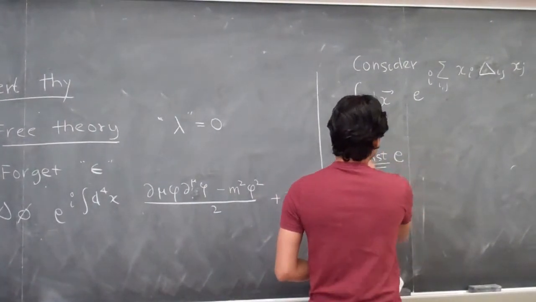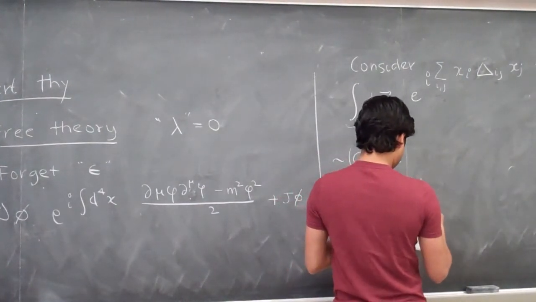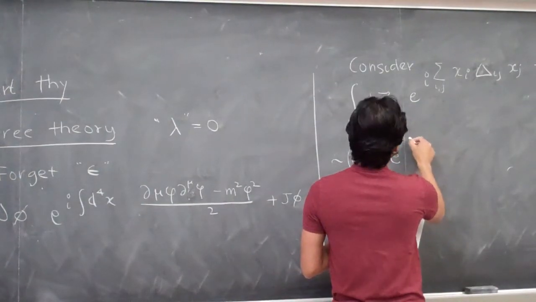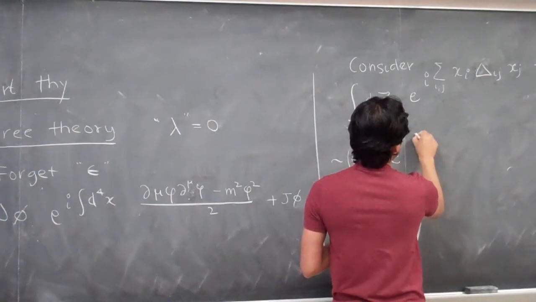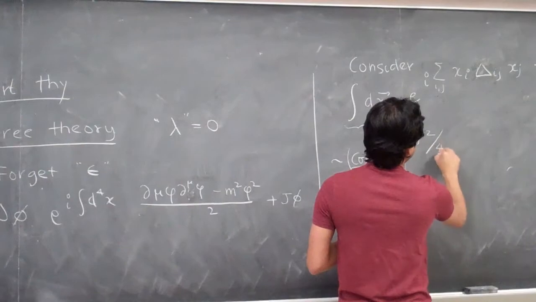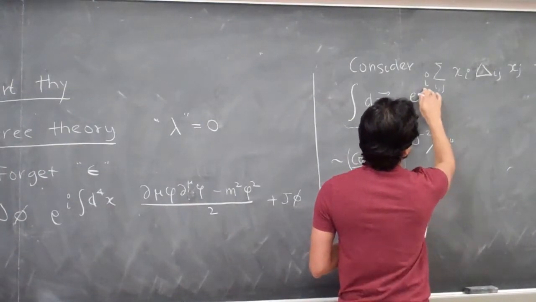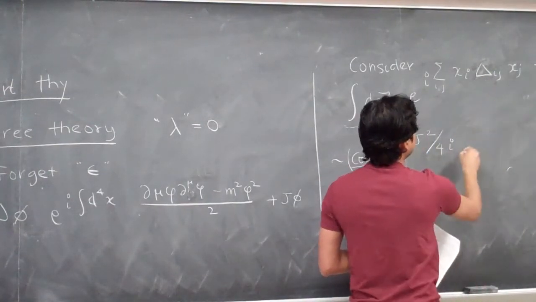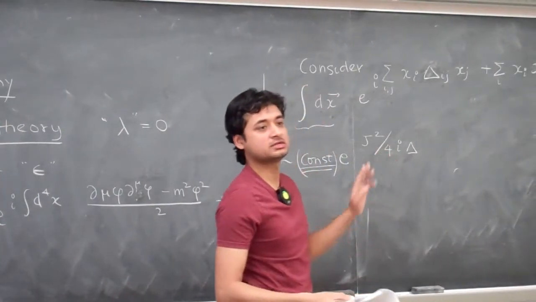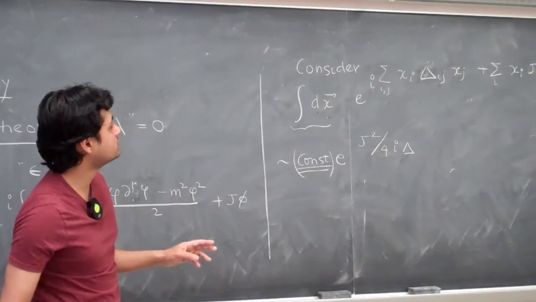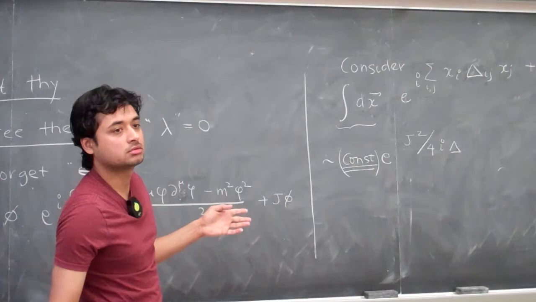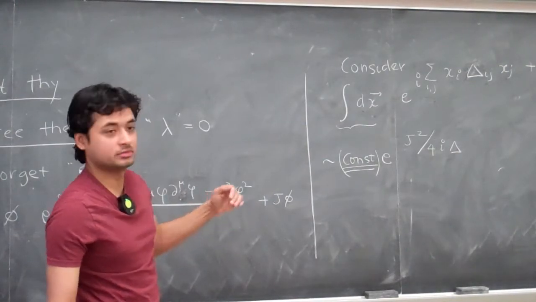So it will be constant times e to the j squared over 4I. And let's say this is just a number for now. So there's no index, just a one-dimensional integration. So this is the formula. Let's see if this is correct. So for the matrix, would that be like the determinant? Yeah, so that's what I was going to say.